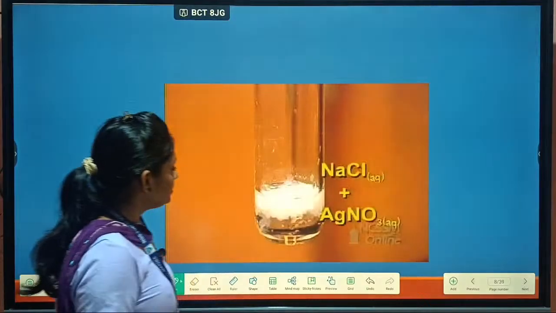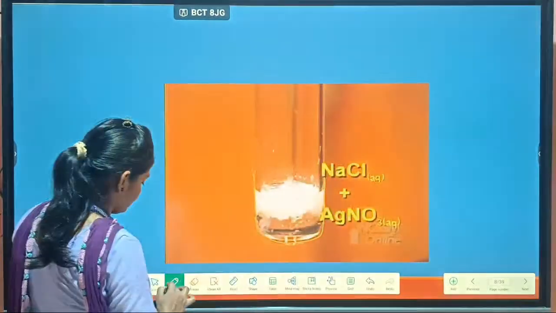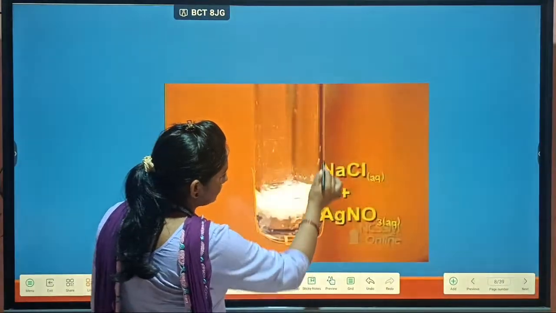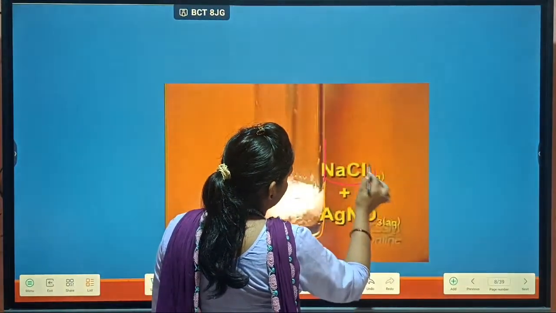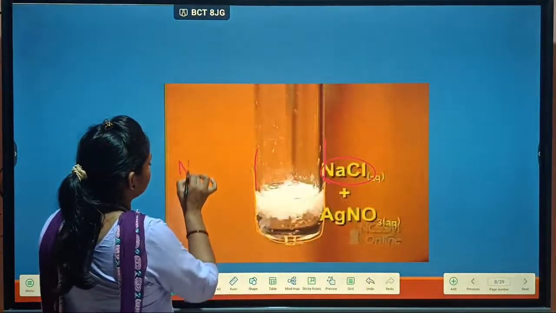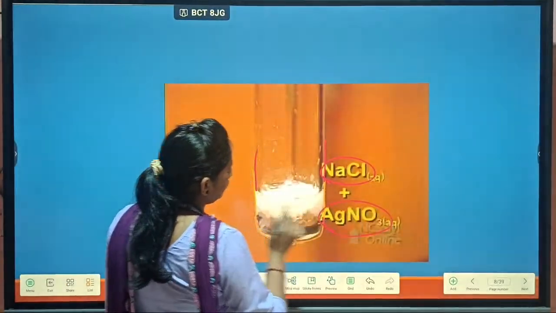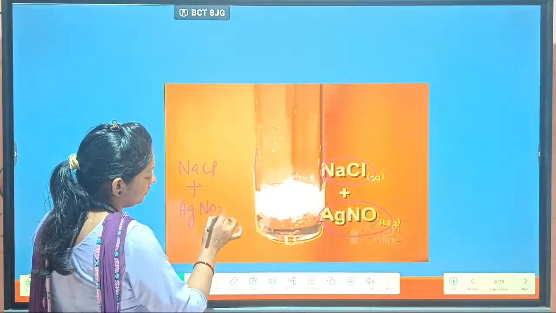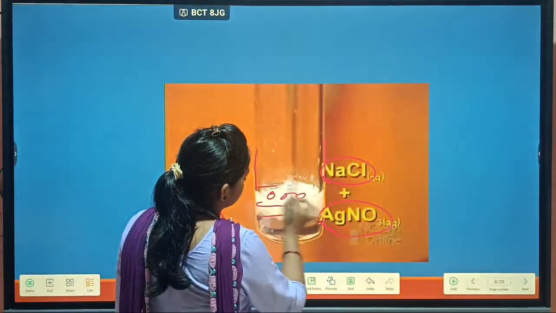Then students, you can see here also we are having NaCl plus AgNO3. Then formation of precipitate takes place. You can see this.